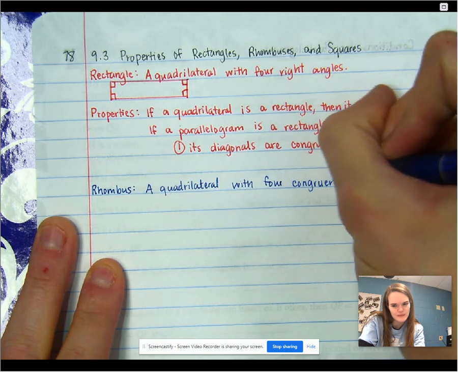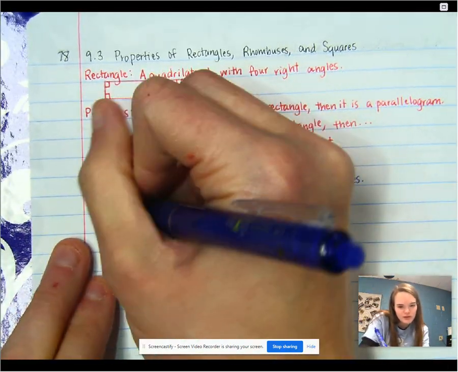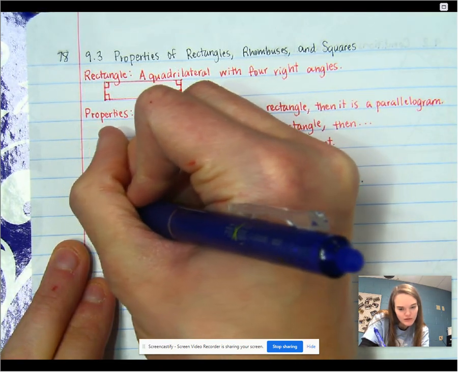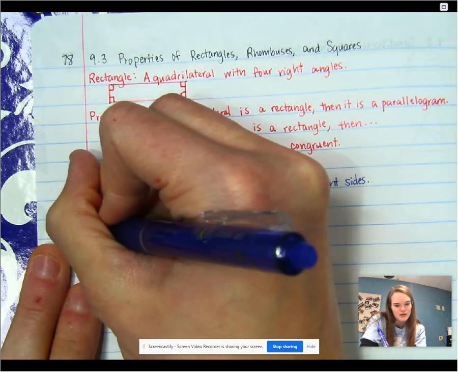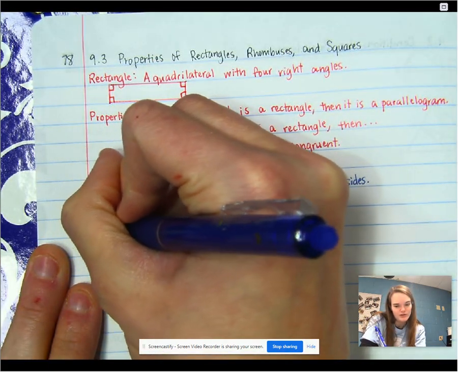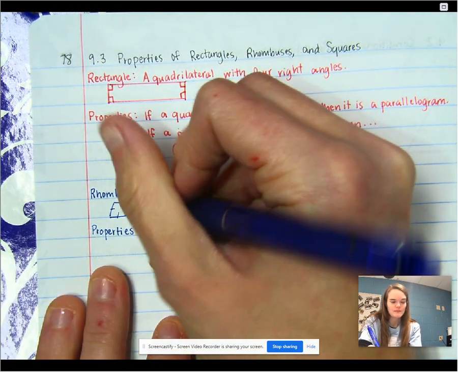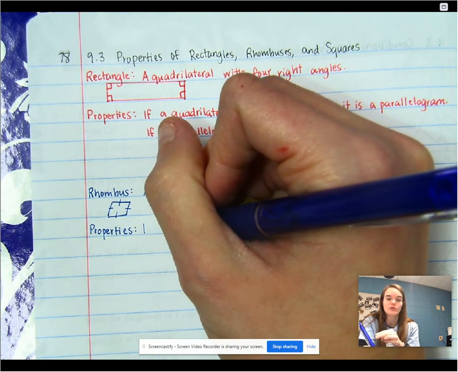Okay. I'll draw a little rhombus here. 1, 2, 3, 4 congruent sides. That's a rhombus. It also has some properties. It is a parallelogram, which means opposite sides are congruent, opposite angles are congruent, and the diagonals bisect each other.